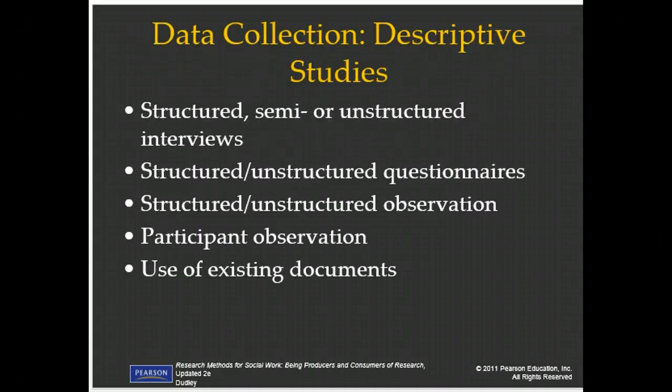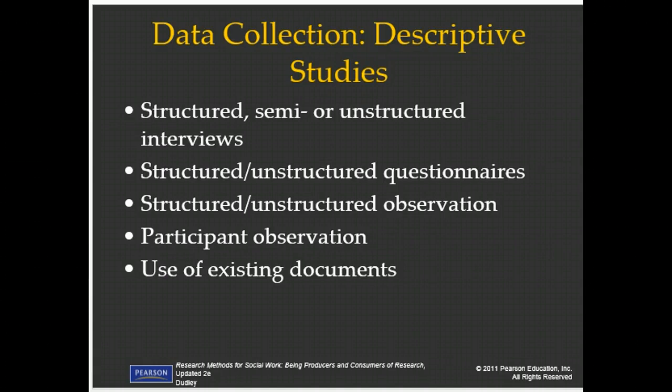So you recall in last chapter that we talked about several different types of studies, and the first study we talked about was the descriptive study. And this is where you're just really taking a snapshot of an issue. You're trying to describe a particular phenomena. And so descriptive studies can come from survey data, from structured or unstructured interviews, from observation, or from existing documents.